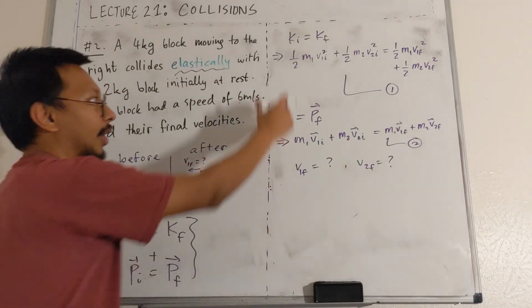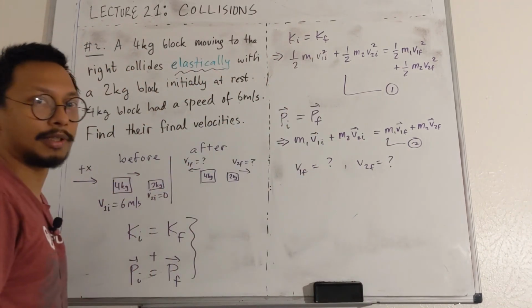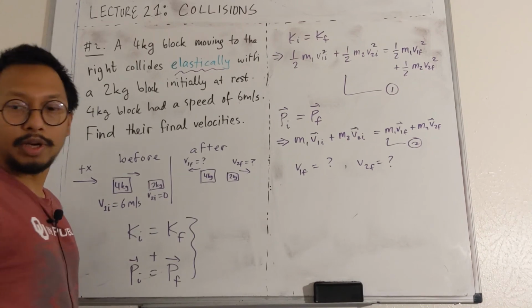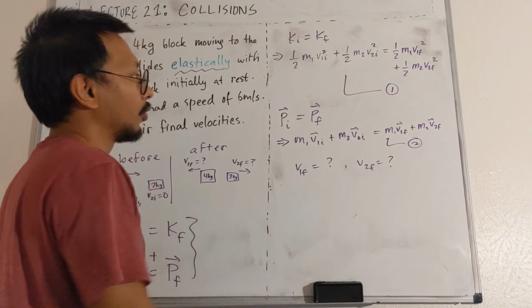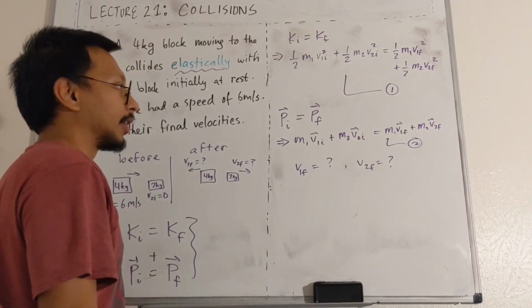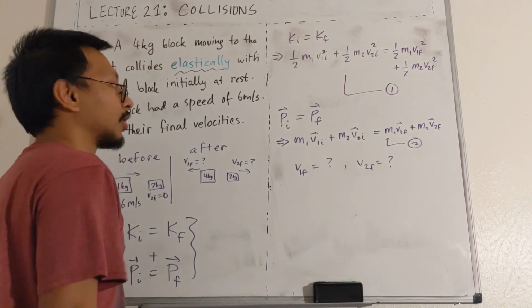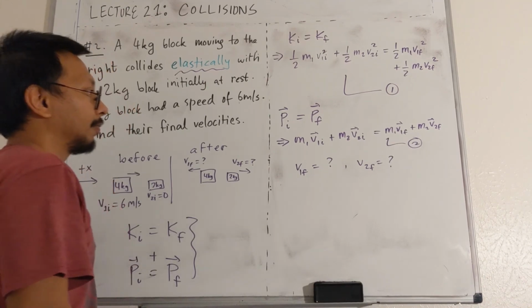If you sit down and solve these two simultaneous equations, then you would end up with a very simple formula. I don't want to go over the algebra because it is just tedious algebra which will take up much of the video.